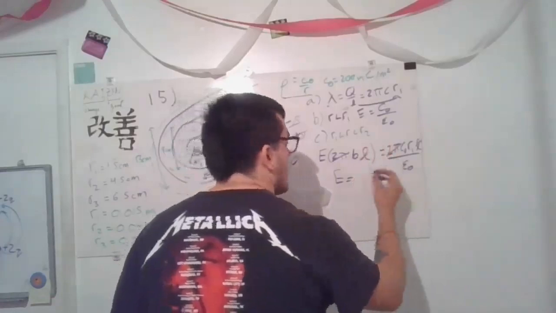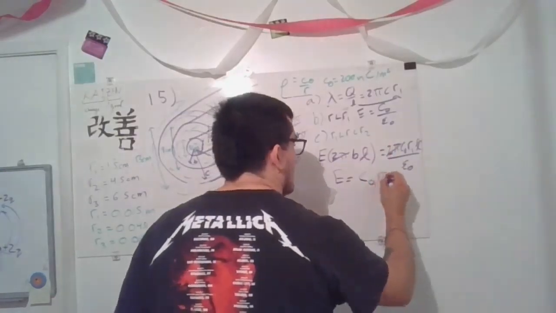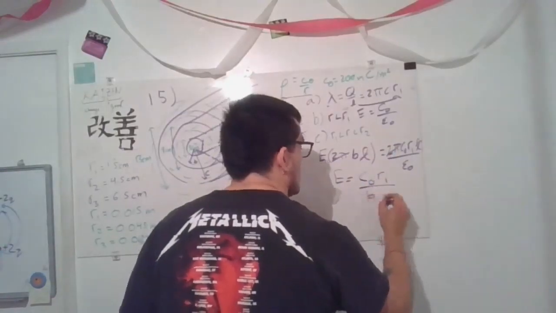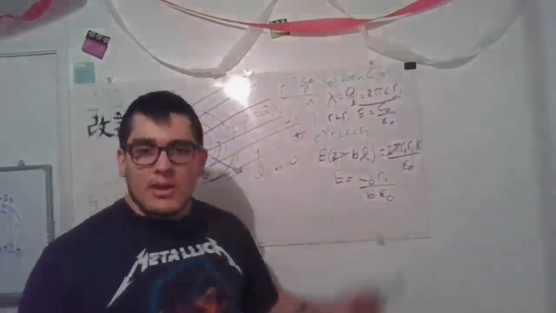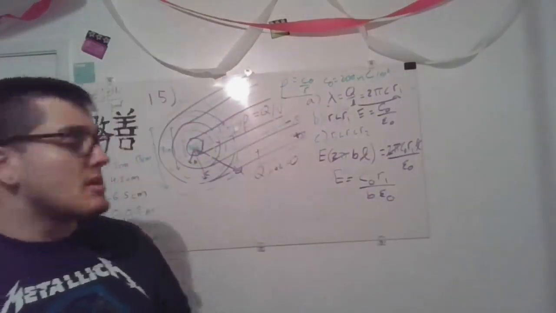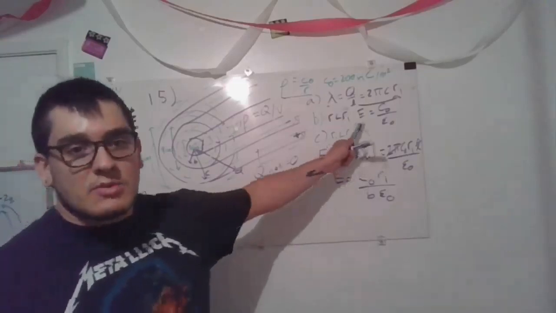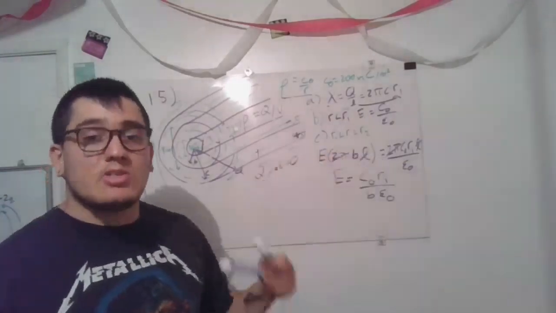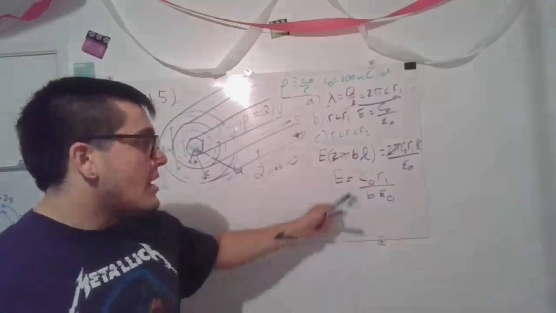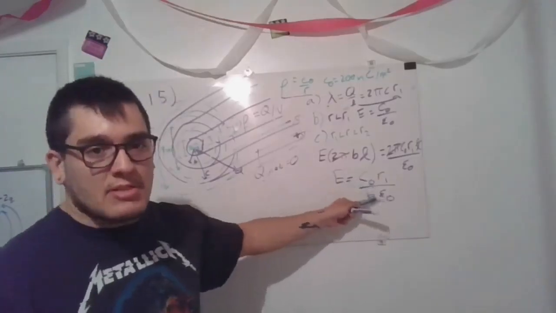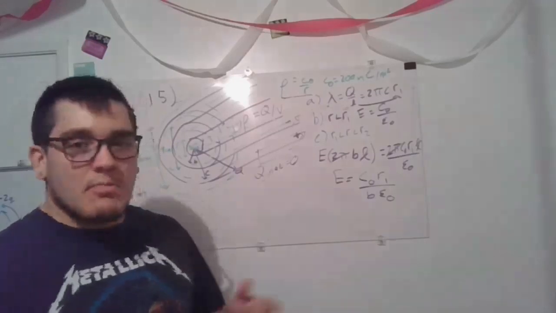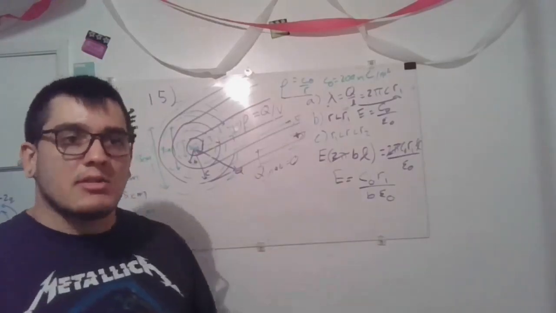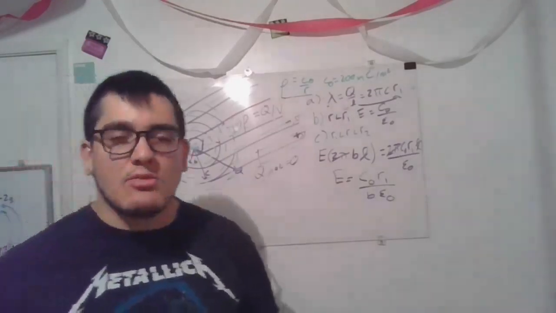And then divide by B. C naught R1 over B epsilon naught. And I know it has the same dimensional analysis because we checked it over on this one. C naught over epsilon naught is Newton per Coulomb. And notice I have C naught over epsilon naught and then R1 over B. R1 is meters, B is meters. So still the same thing, Newtons per Coulomb.